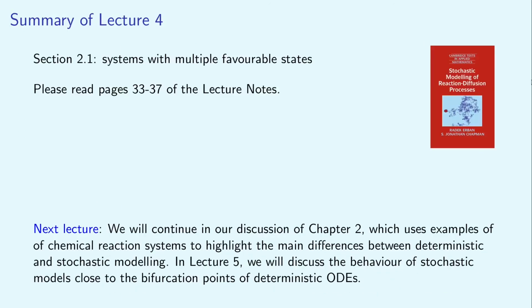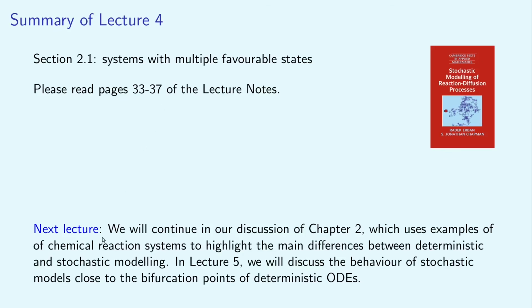This brings me to the end of lecture 4, where we have discussed section 2.1 covering stochastic modeling of systems with multiple favorable states. Please read pages 33 to 37 of the lecture notes before watching the video of lecture 5.